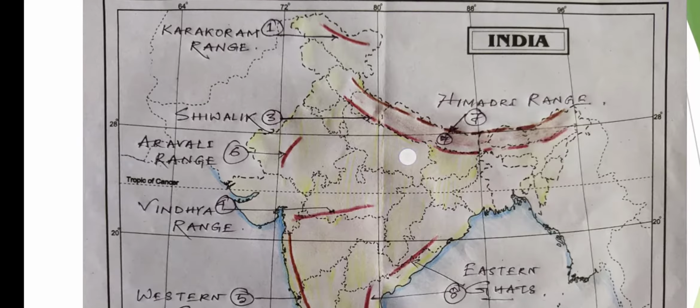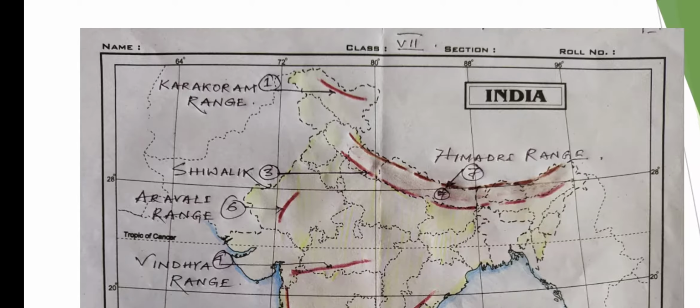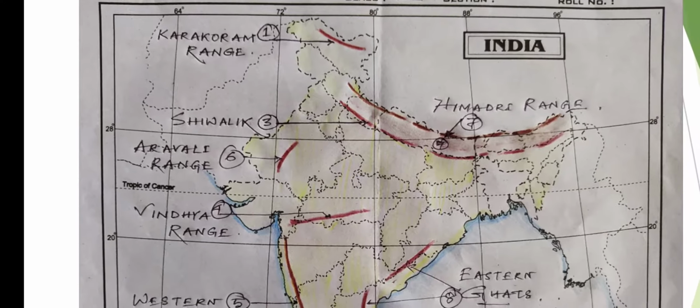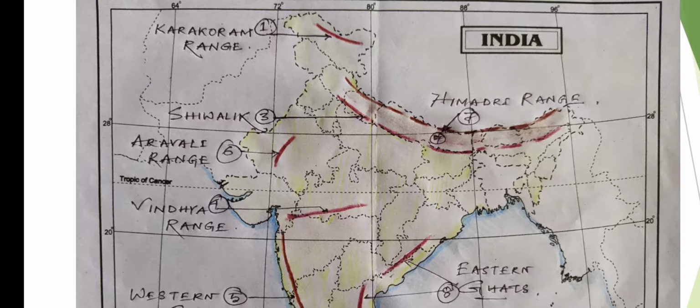Next is number 3. The question is to mark the southernmost mountain range of the Himalayas. Students, you know that the Himalayas have 3 parallel ranges: the Himadri, the Himachal and the Shivalik. The Himadri is the inner Himalaya, also called the Greater Himalaya.